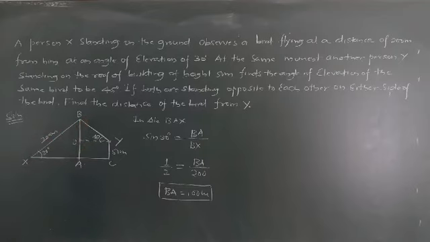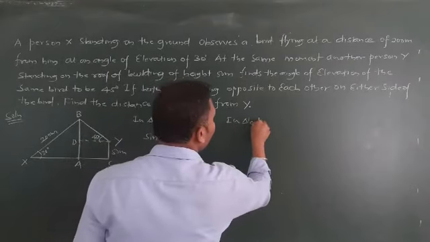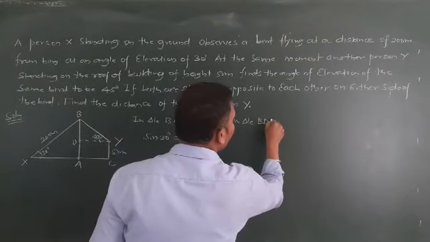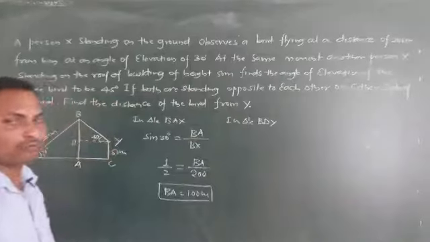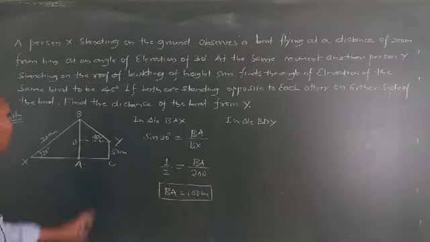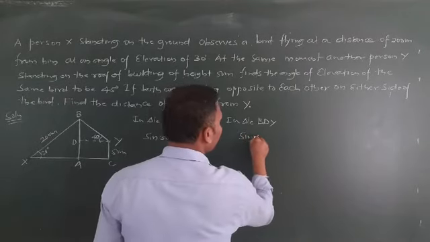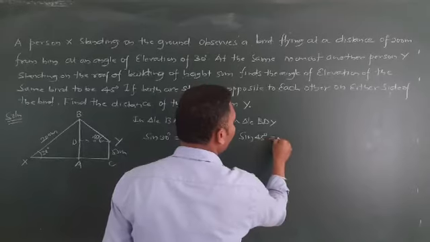BDY. In this triangle BDY, again apply the proper trigonometric ratio. So I'll apply sine of, again it is sine of 45 degree.